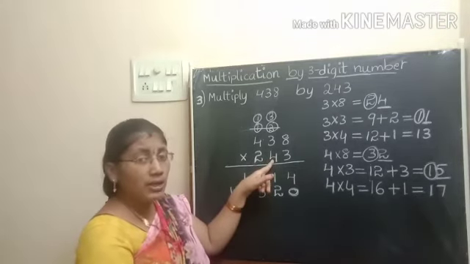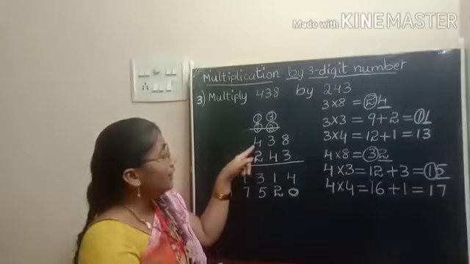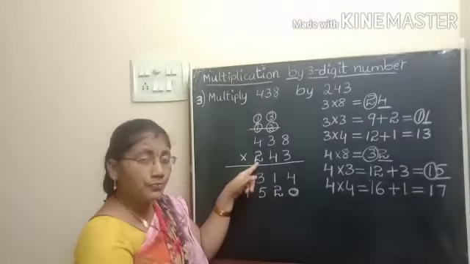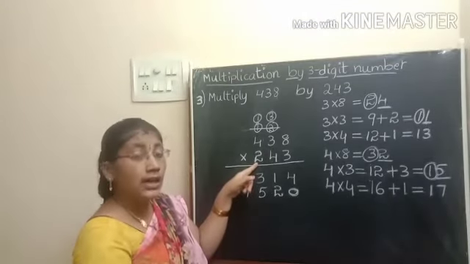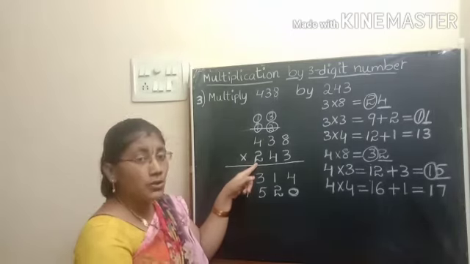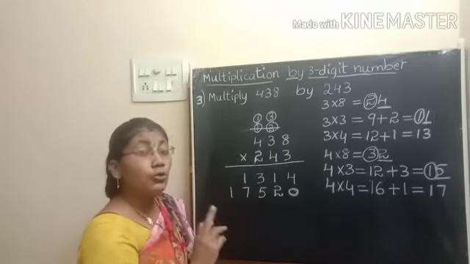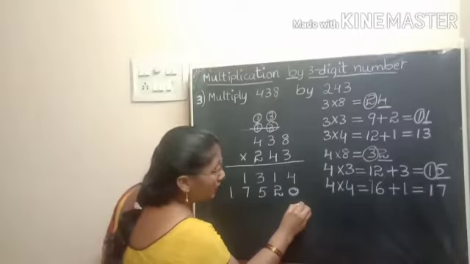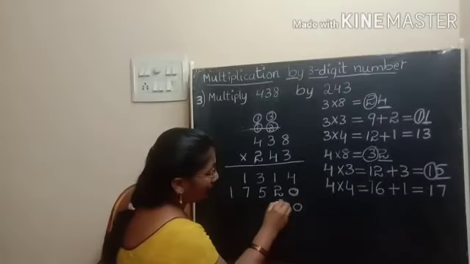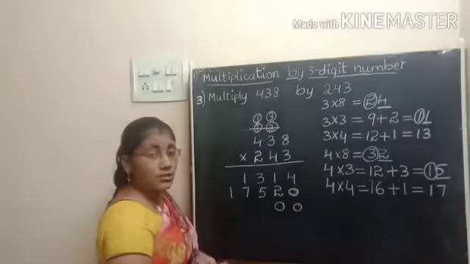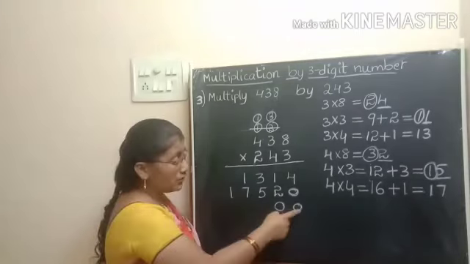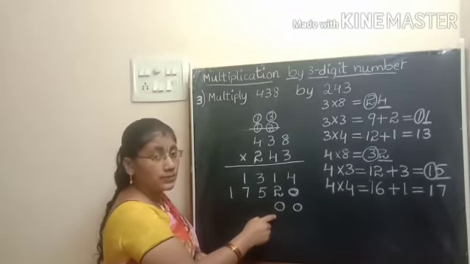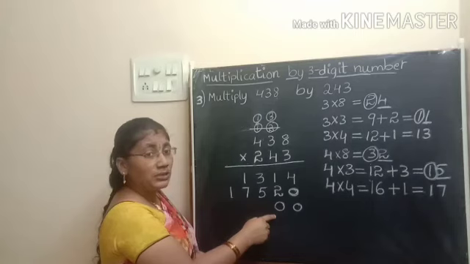Now we have to multiply each and every digit with 2. But this 2 is in hundreds place. So we should put 2 zeros, in ones place and tens place. Understood, children? Now we should start our multiplication.